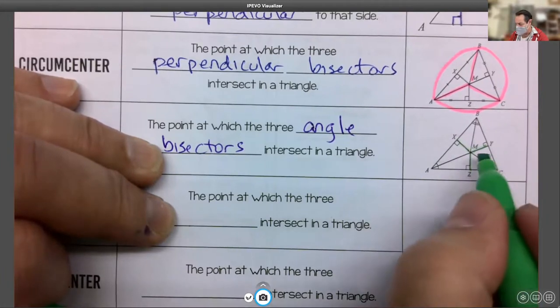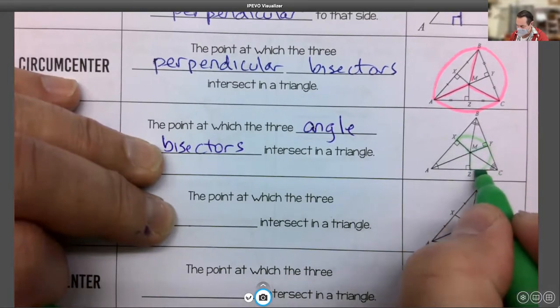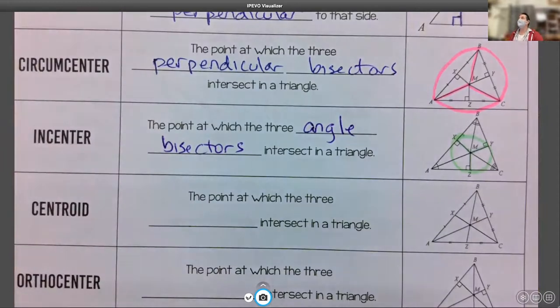Rather, it suggests that these three green distances are all the same. So the incenter will produce a circle that is inscribed inside the triangle. In other words, it's the center of the triangle because it's equidistant from all three sides.